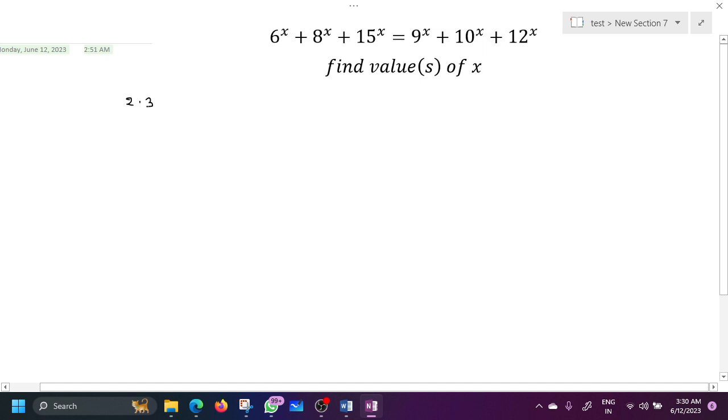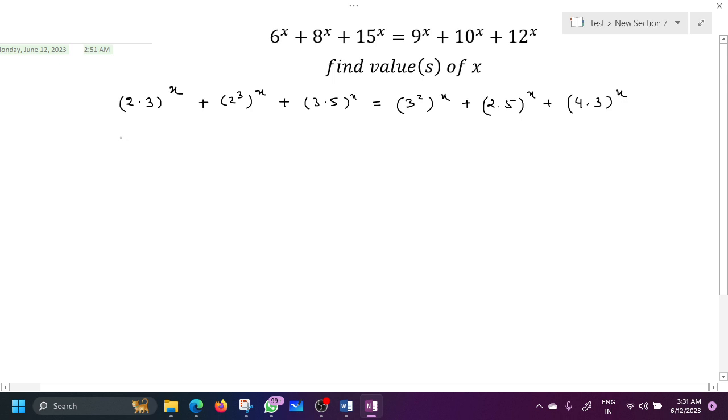See, what I am going to do is factorize these numbers. So (2 into 3) power x is 6 power x, plus (2 cube) power x is 8 power x, plus 15 is (3 into 5) power x, is equal to (3 square) power x plus (2 into 5) power x plus 4 into 3 power x.